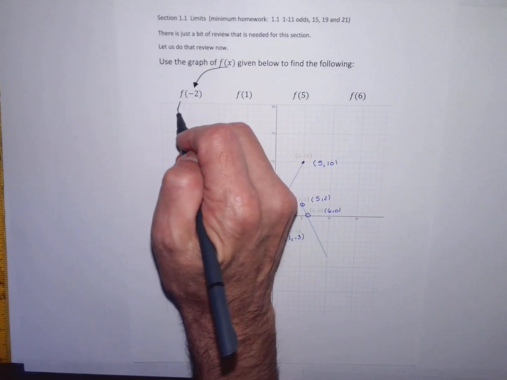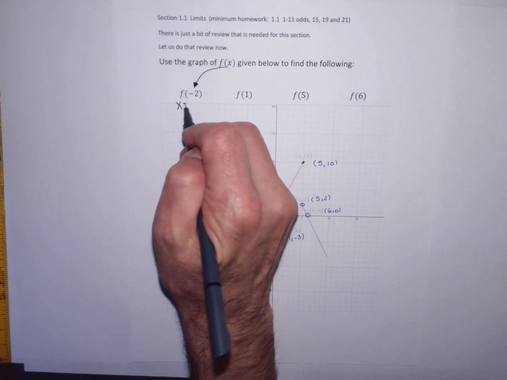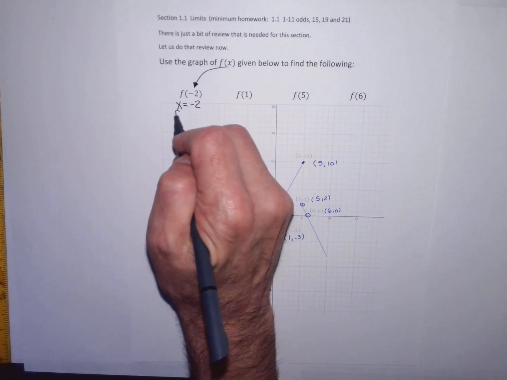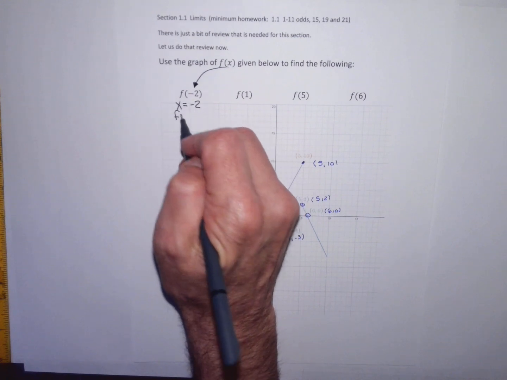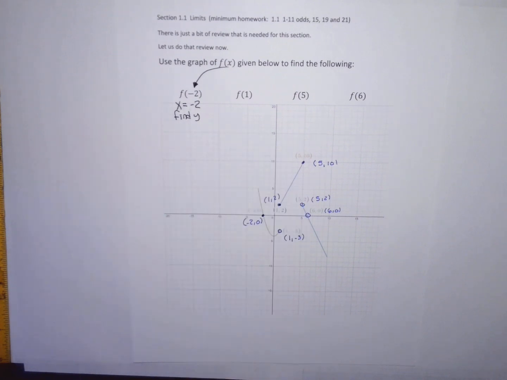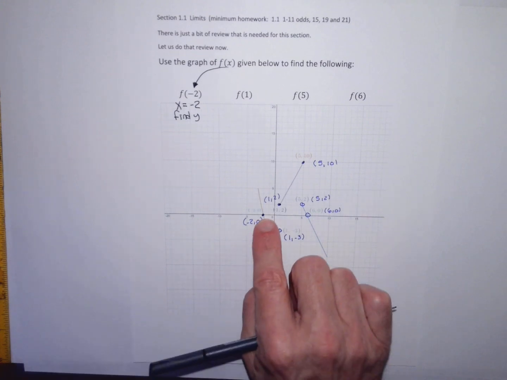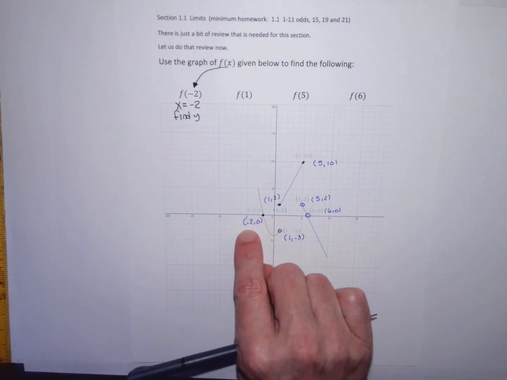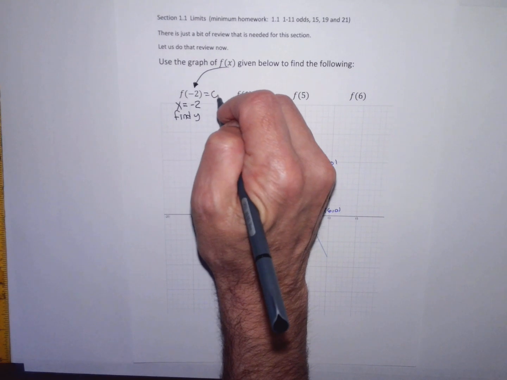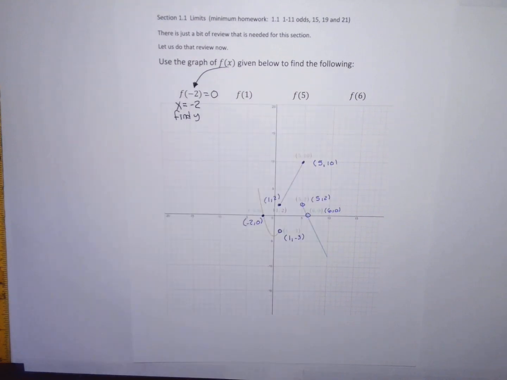Without saying it, it's implied that I'm going to find the y of any point on the graph that has an x of -2, and that's the point -2, 0. Its y is equal to 0. The answer to what f of -2 is is just 0.